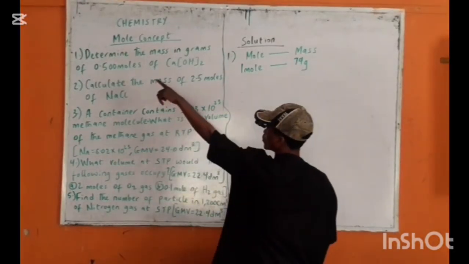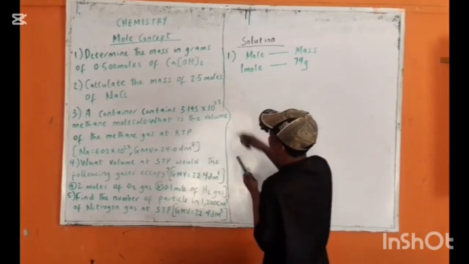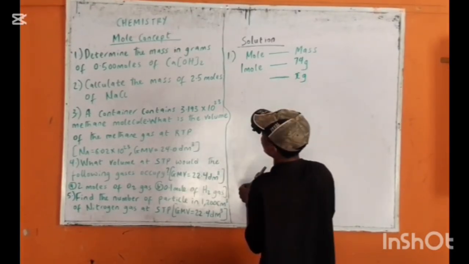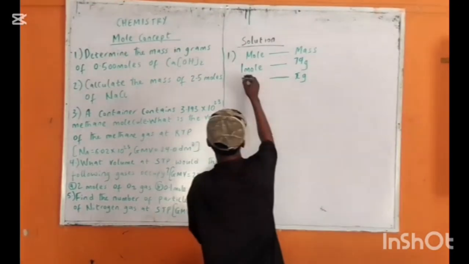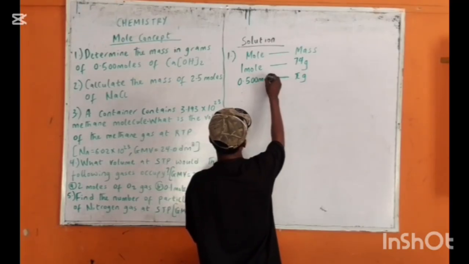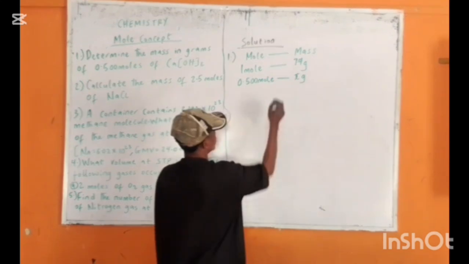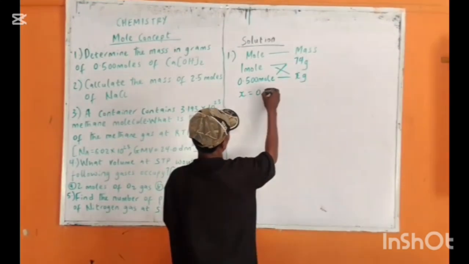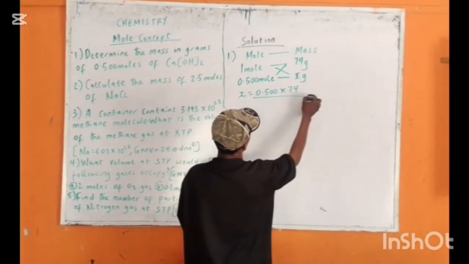Now, what's the question? Determine the mass in grams. Determine the mass, that be what? X gram of 0.500 moles. So we first multiply: our X equals 0.500 multiplied by 74 over 1.